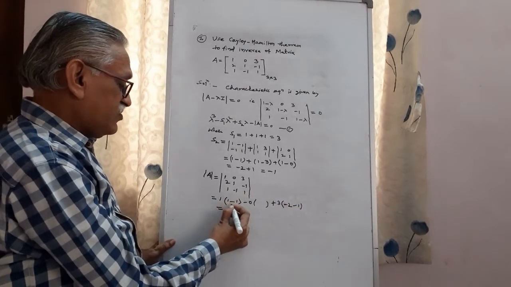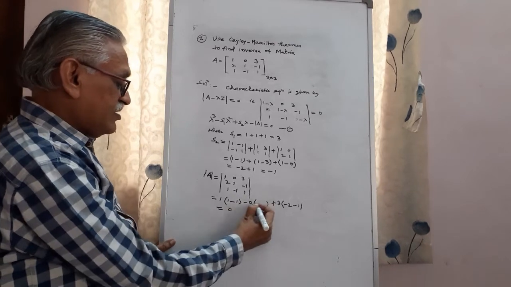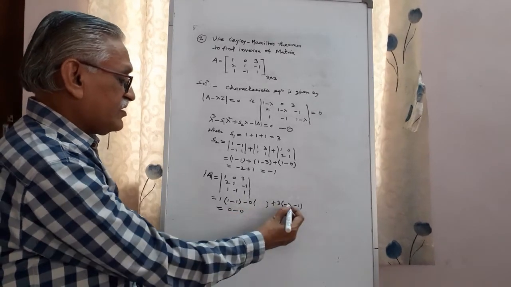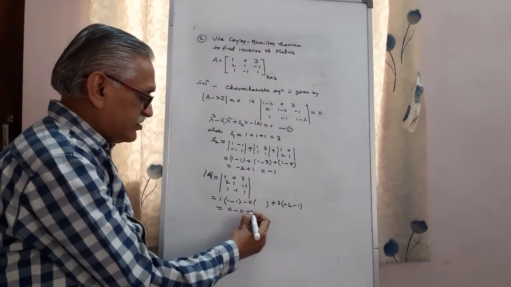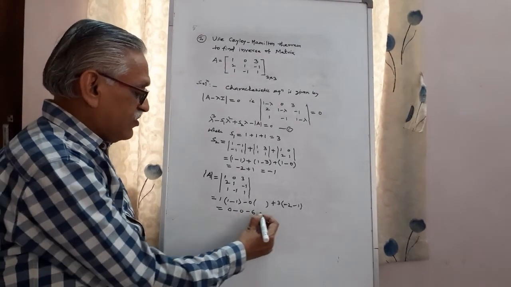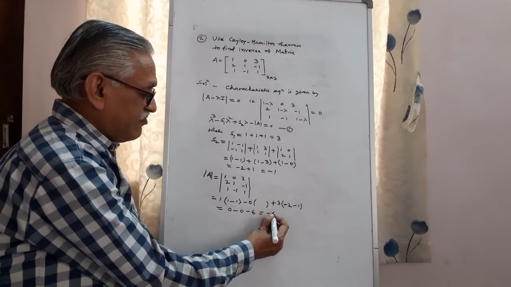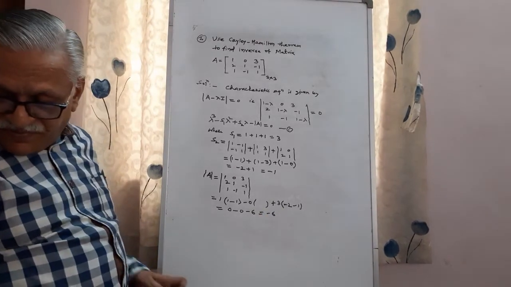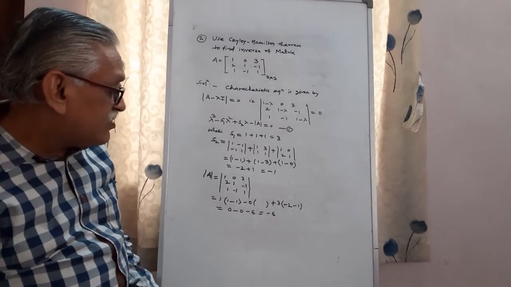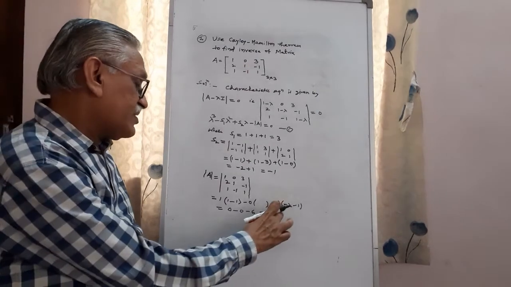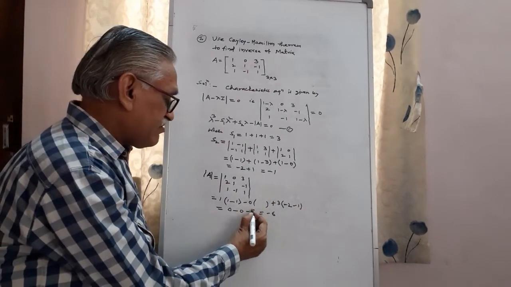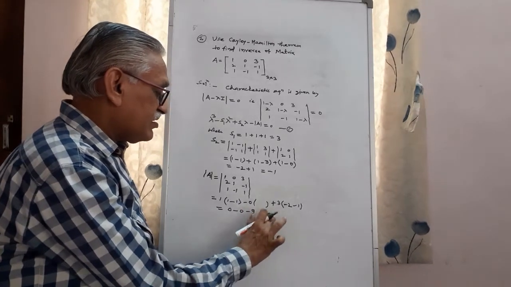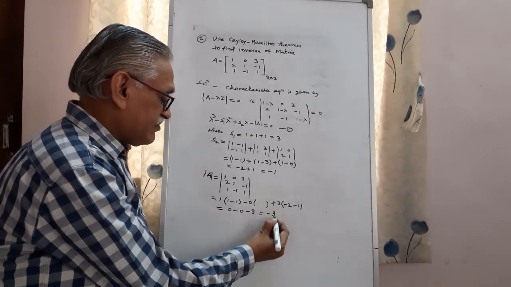Therefore, it is 0, second also 0, and 3 into minus 3, we get here minus 9. Therefore, it is minus 9.